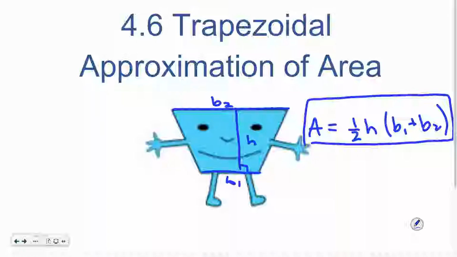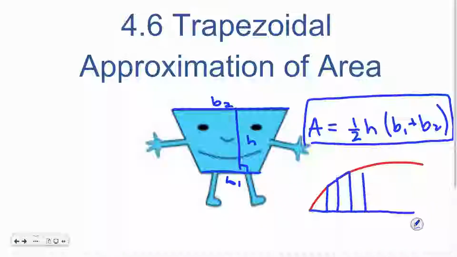Okay. Now let's think about area under a curve. Here's a curve. If I'm making a trapezoid, we're always going to the x-axis, right? So here is what our trapezoids would look like. Do you see how that's approximating the area a little bit better? But if you look at this trapezoid compared to this trapezoid, they're oriented in a different way.